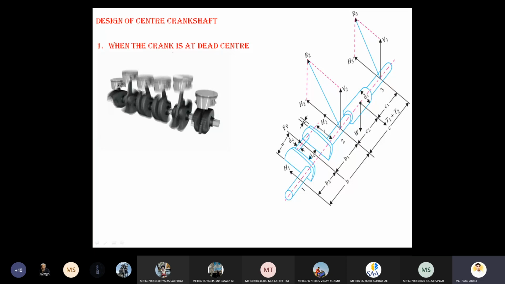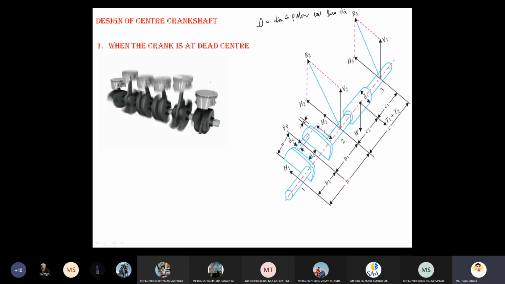When the crank is at a dead center, capital D is the diameter of the piston, otherwise the bore diameter, and P is the maximum gas pressure.